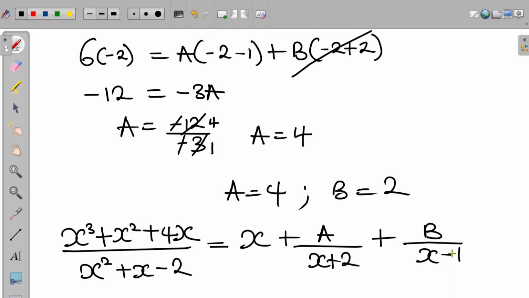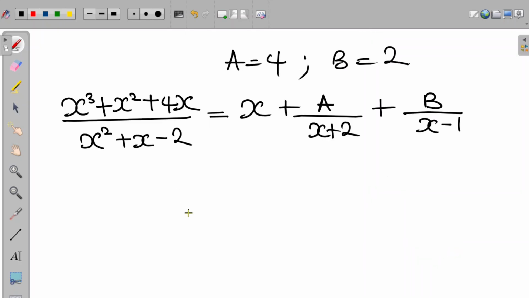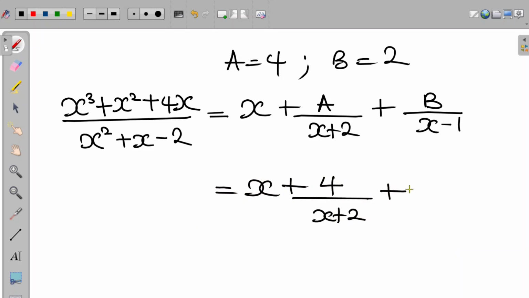Since we have obtained the values of a and b, we plug in the values into this equation. So this becomes x plus 4 divided by x plus 2 plus 2 divided by x minus 1. So at this point, we have been able to resolve the compound fraction into partial fractions.